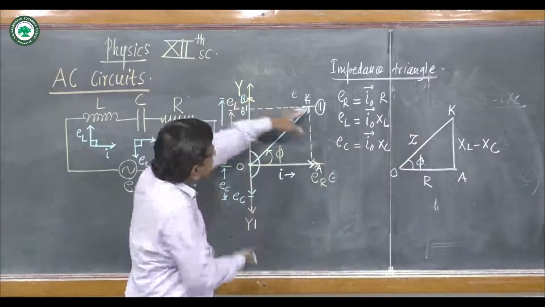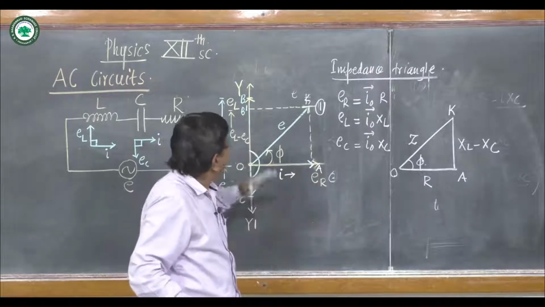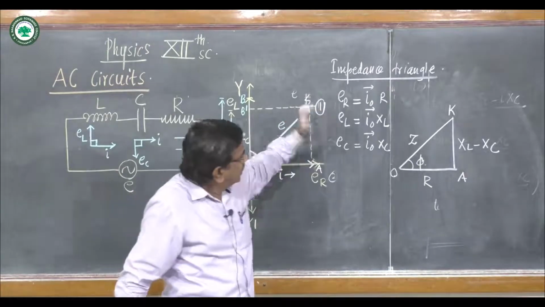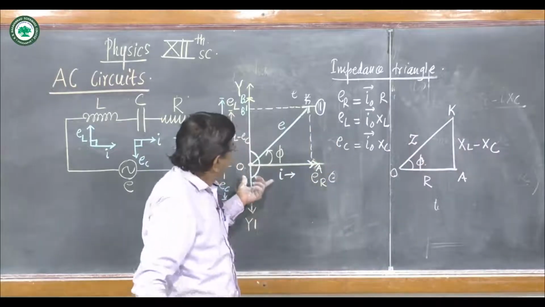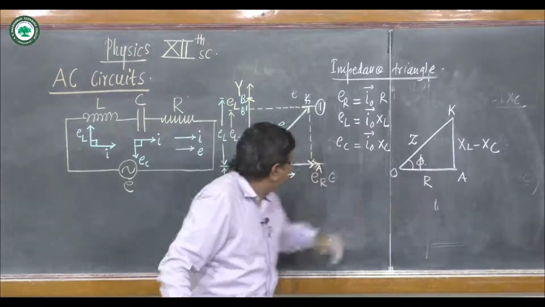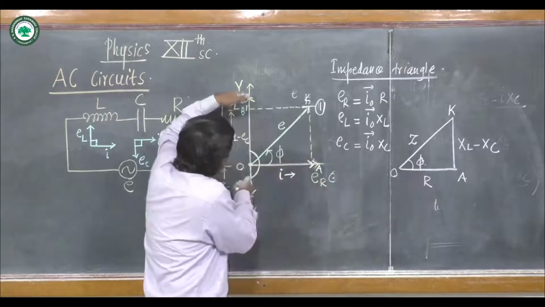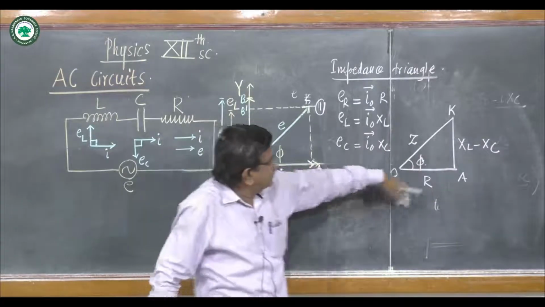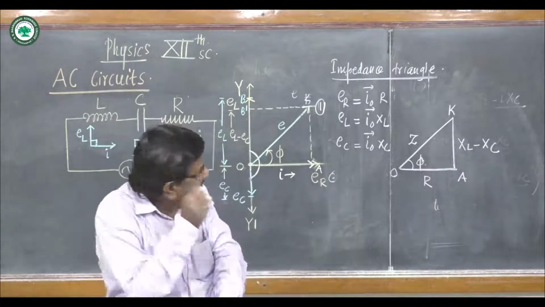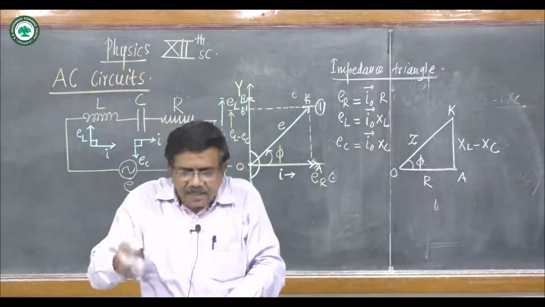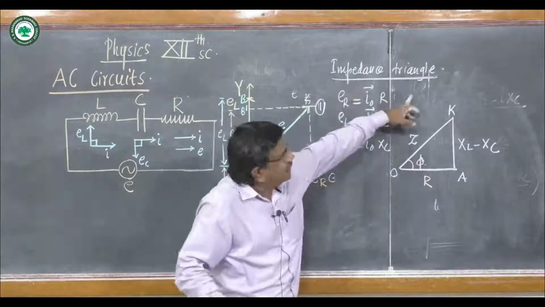This represents the EMF across the resistor, and this is the effective EMF. So this is the effective opposition to the flow of current, that is Z. Opposition by the resistor is represented by OA, the resistance, and opposition by the inductor and capacitor is represented by XL minus XC, where XL is the inductive reactance and XC is the capacitive reactance. This triangle is called the impedance triangle.